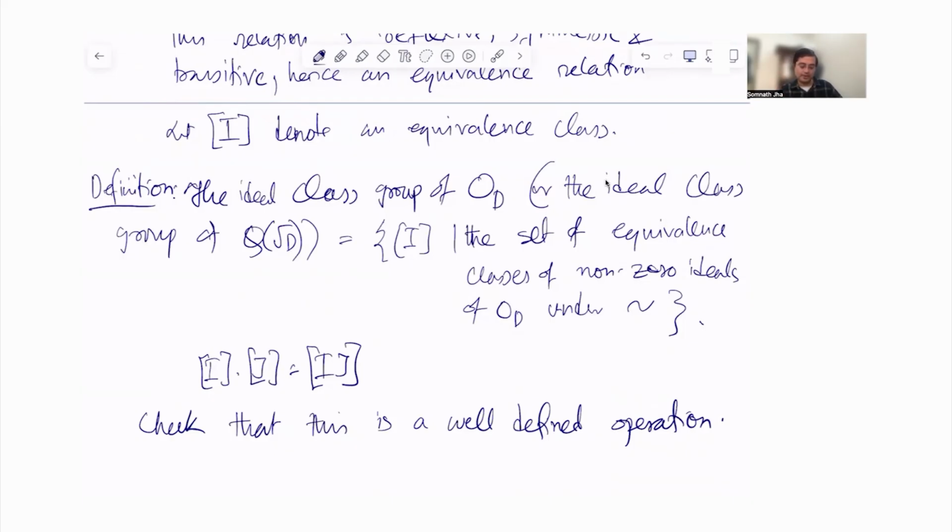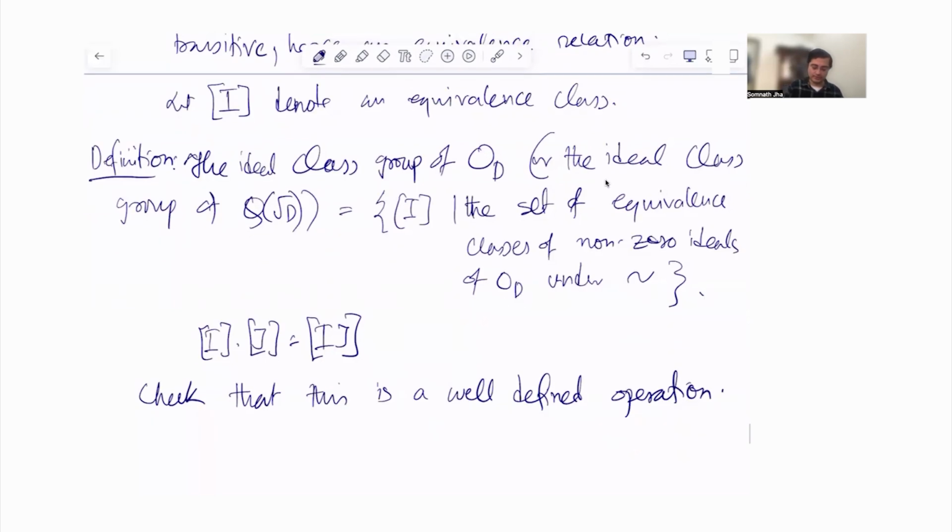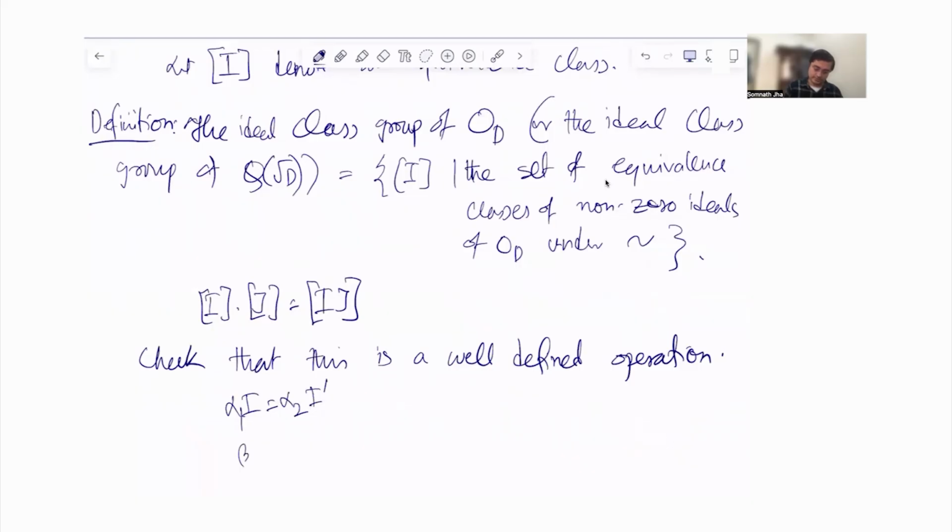So the product of ideals, we have discussed, is a finite sum of elements of the form small i times small j, where small i is in capital I and small j in capital J. So you can check that this is well defined. If alpha 1 I equals alpha 2 I prime, and beta 1 J equals beta 2 J prime, then you can check that the class of IJ will be equal to the class of I prime J prime.